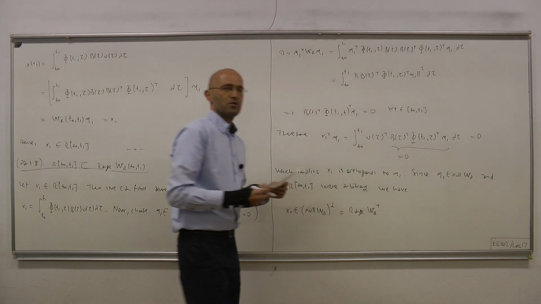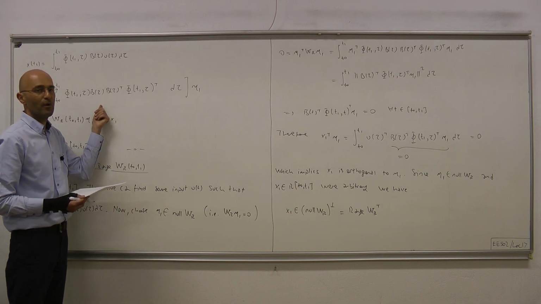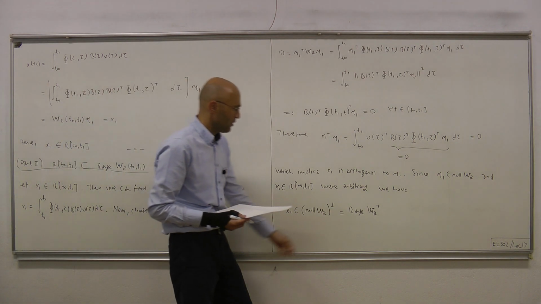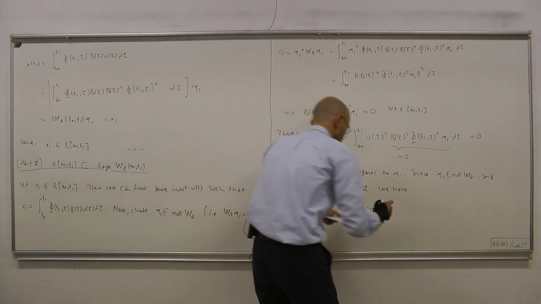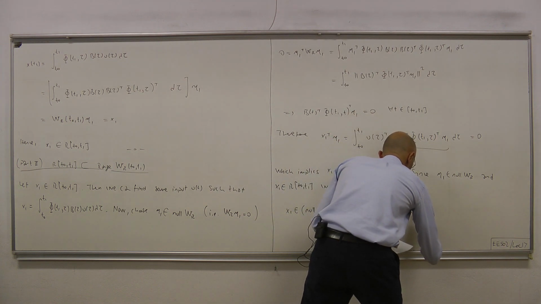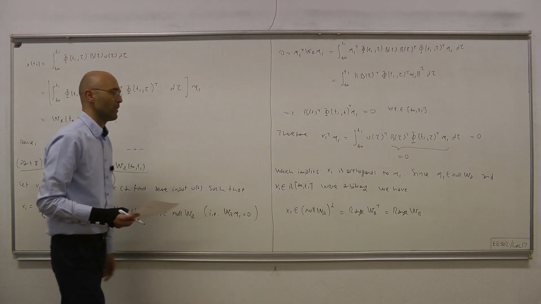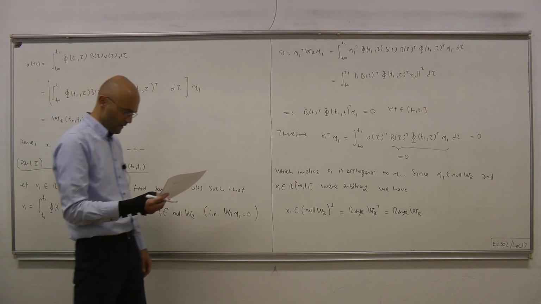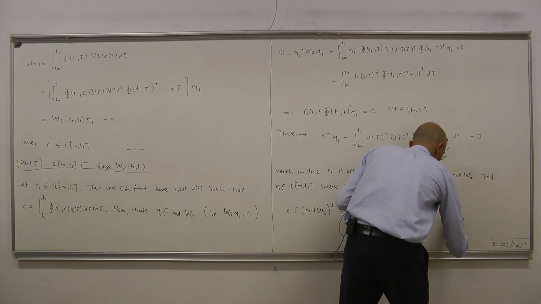Now, the nice thing about the Gramians is that they're symmetric, and because of the symmetry, this transpose can be removed. In other words, here we have the range space of W of R, because W of R and W of R transpose are the same thing. So that completes the proof.